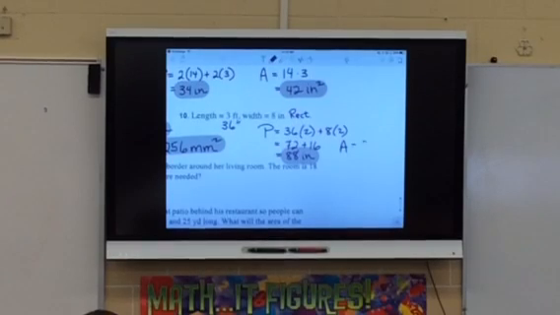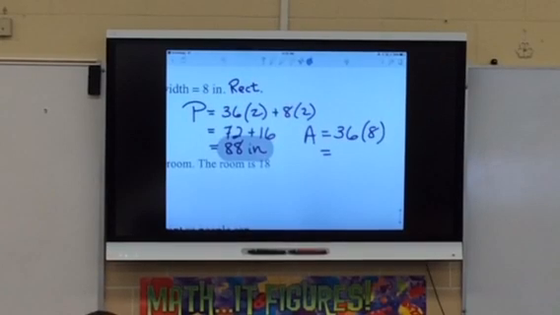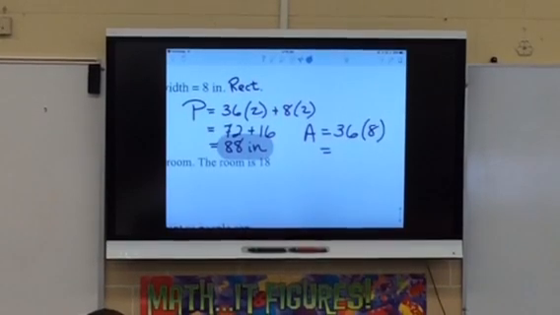Area, you're multiplying 36 by 8. You did that so well the last time. Why don't you multiply that for me? I don't know. You want me to do it? It's 288.